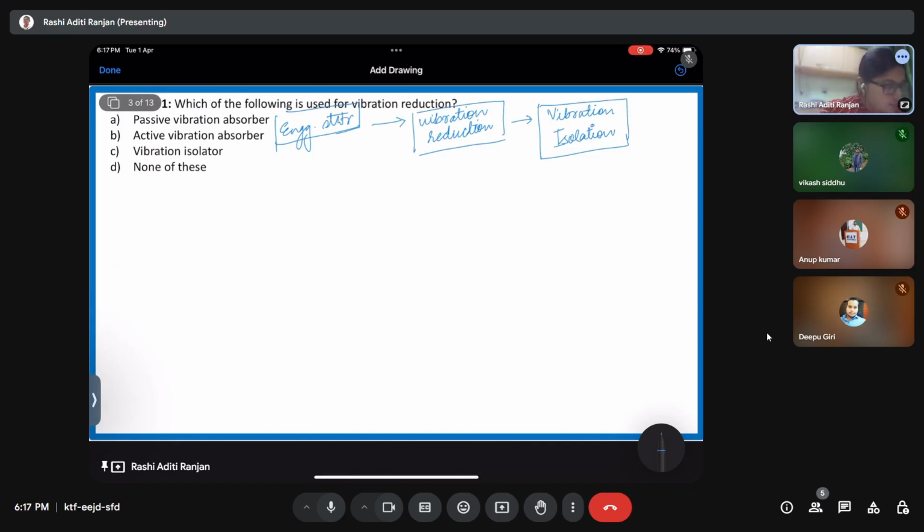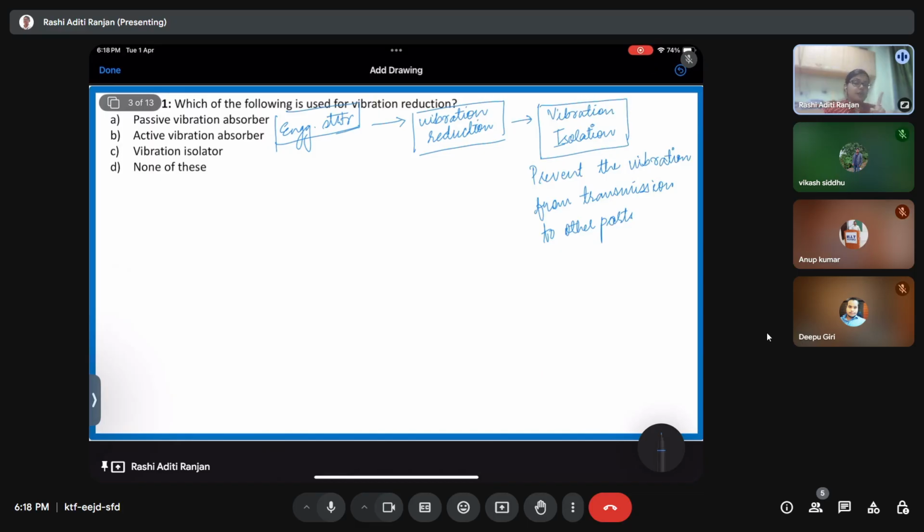In this case, we essentially prevent the vibration from transmission.